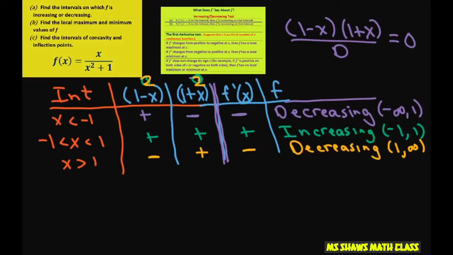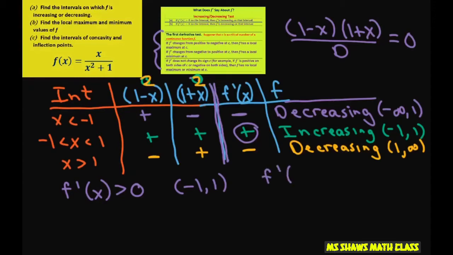For your first derivative test, if it changes from positive to negative, then f has a local maximum at c. So basically f prime of x is positive between negative 1 and 1, and f prime of x is negative on the intervals negative infinity to negative 1 and 1 to infinity.